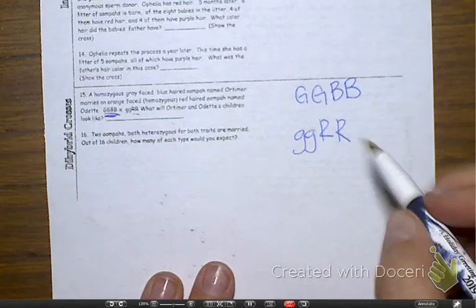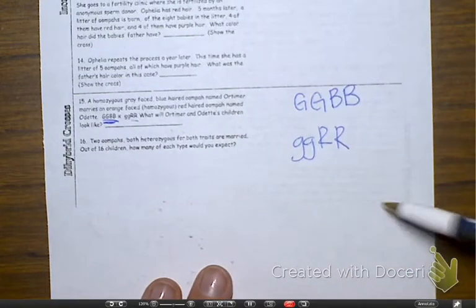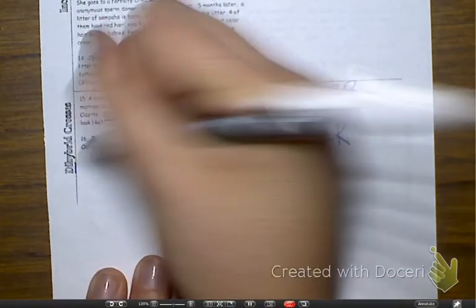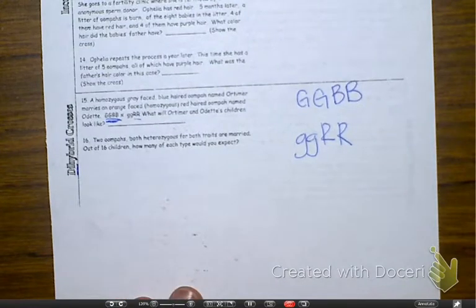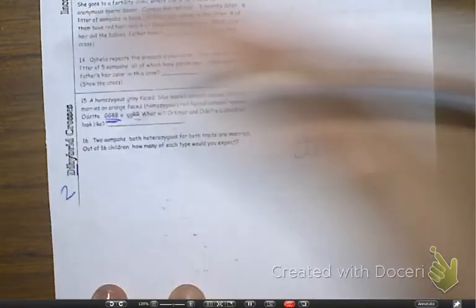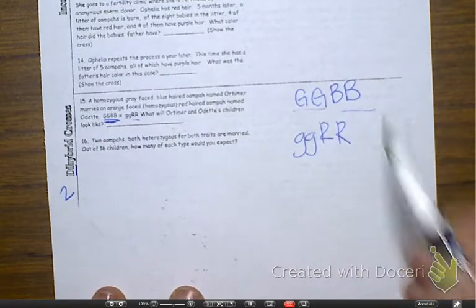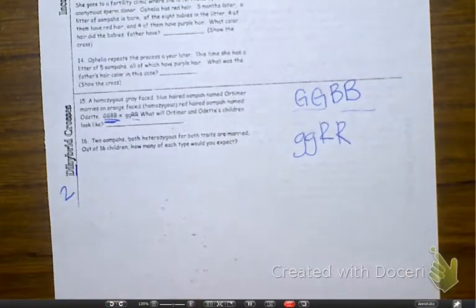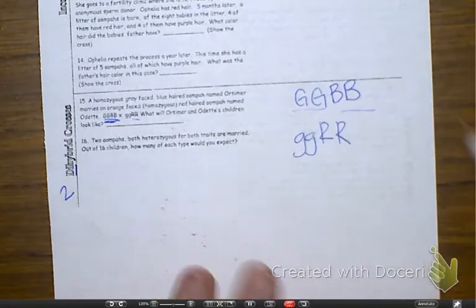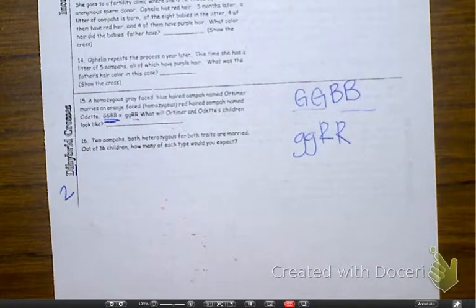What I wanted you to do was set up a dihybrid cross. Dihybrid, di means how many characteristics? 2. Okay, so we're looking at both face and hair color. That's why there's 2 different things going on. So in order to set up a dihybrid cross, you essentially use the FOIL method to figure out what are the gametes that the parents could give off.